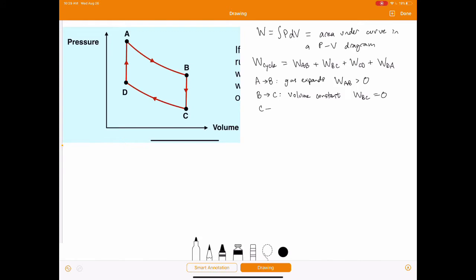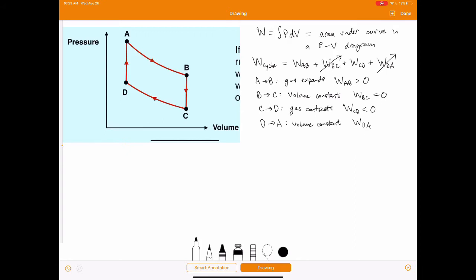Okay, if we go from C to D, the gas is contracting. And we know that when the volume decreases in a contraction of a gas, that involves negative work. And then finally, if we go from D to A, the volume is once again constant, which means there's no work being done. So right away, we can take the 4 different terms and cross 2 of them out, W_BC and W_DA. We just have to worry about the other 2.